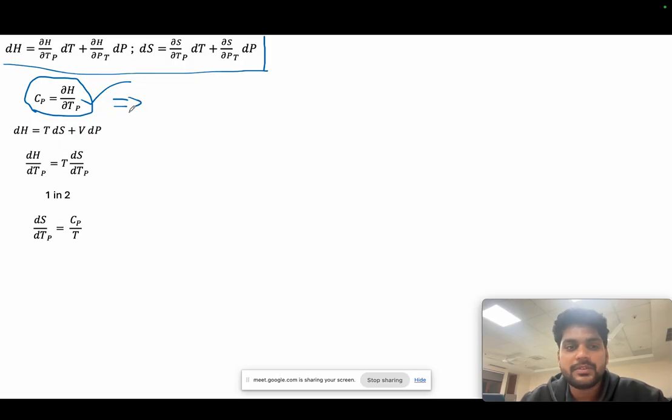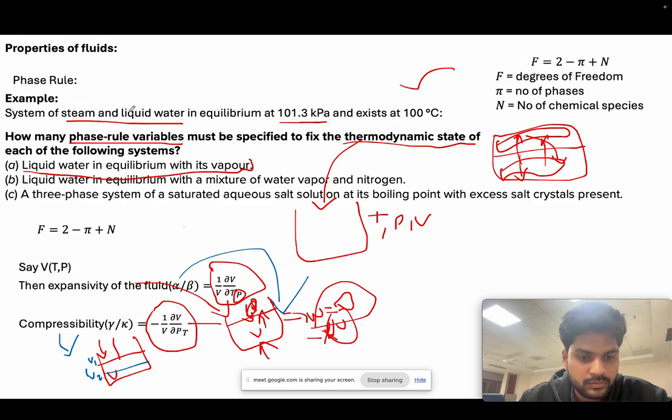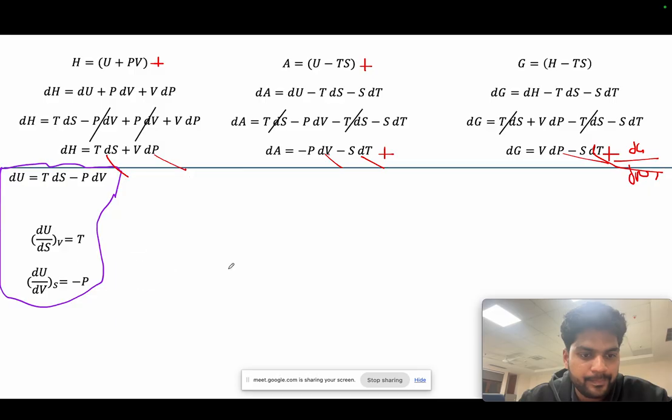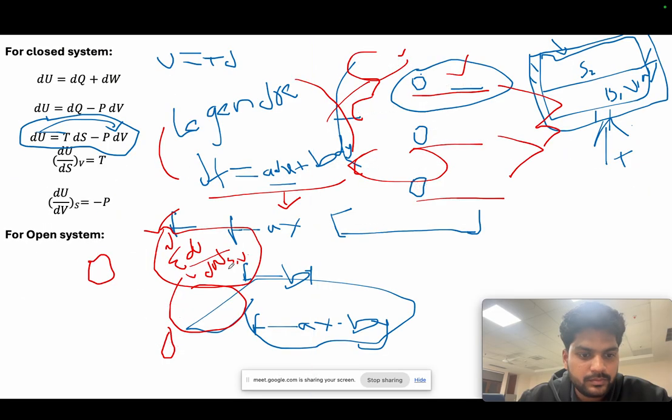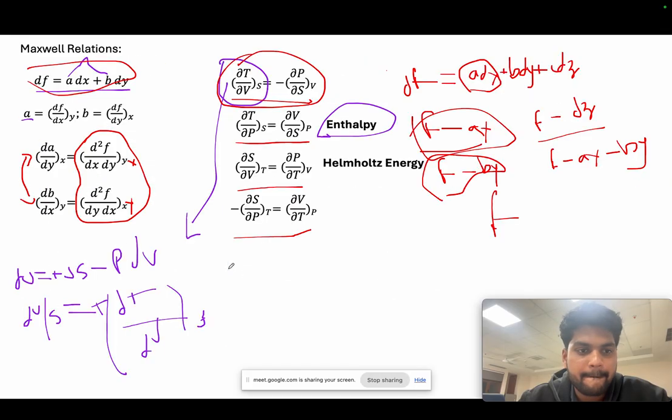So it will be easy for you to understand. So how did we get to this equation? I will explain it here itself.